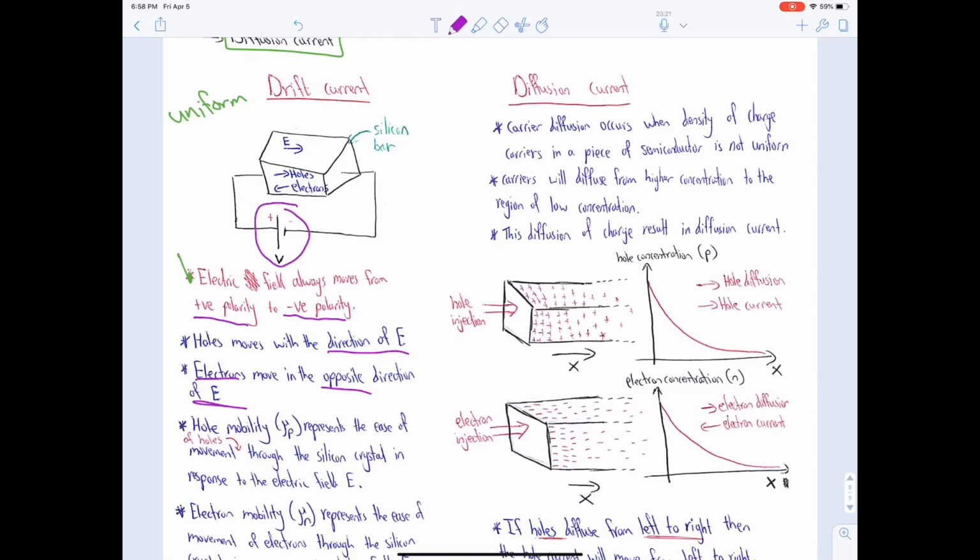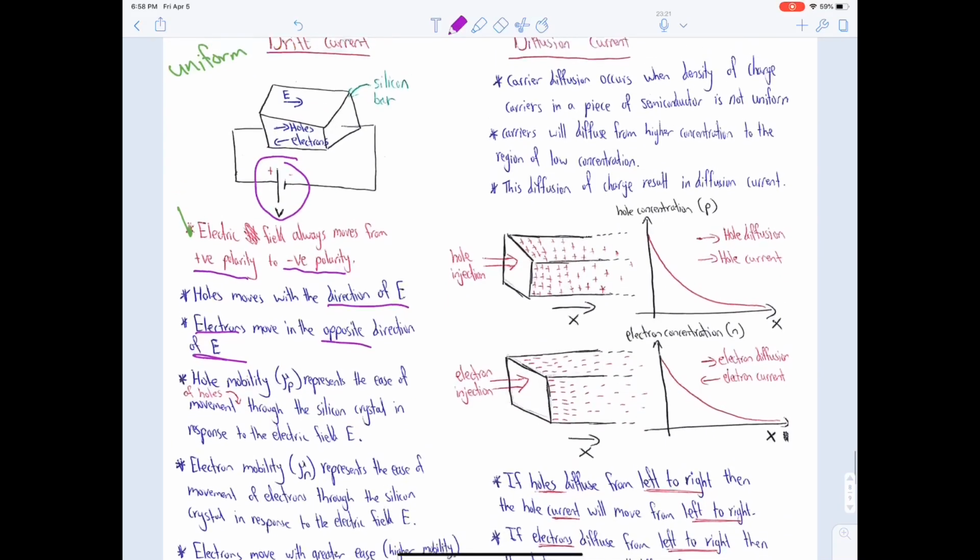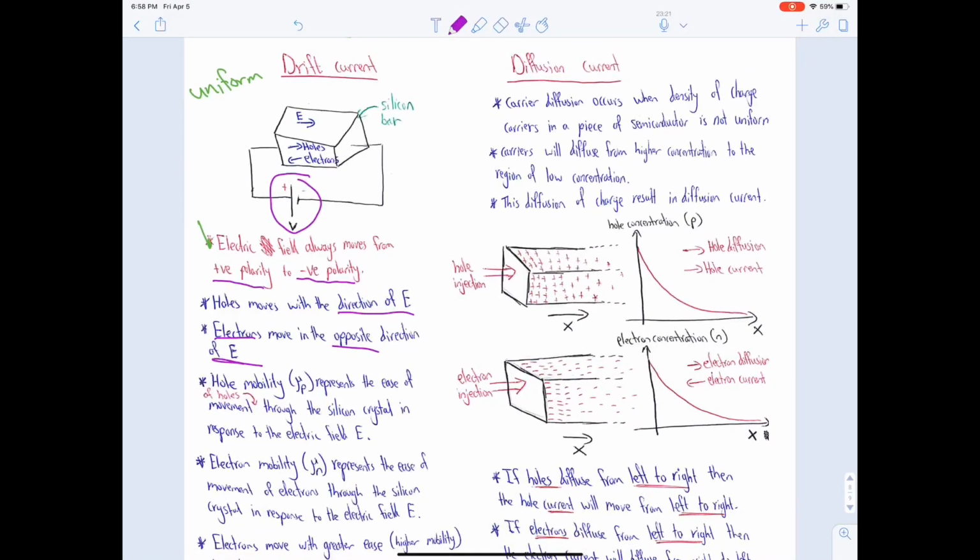Okay. Now, because we have movement, we need to compare the hole movement with the electron movement.